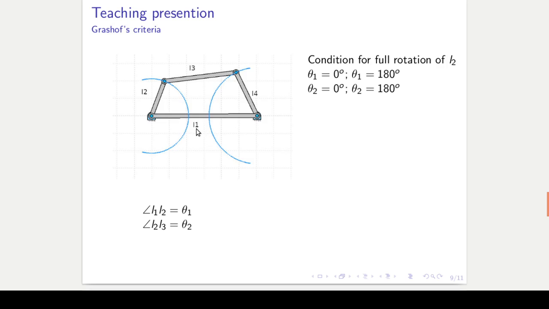But in order to have a complete rotation as a mechanism or as a kinematic chain, these two conditions are not enough. This angle, theta 2, should also satisfy these two conditions.